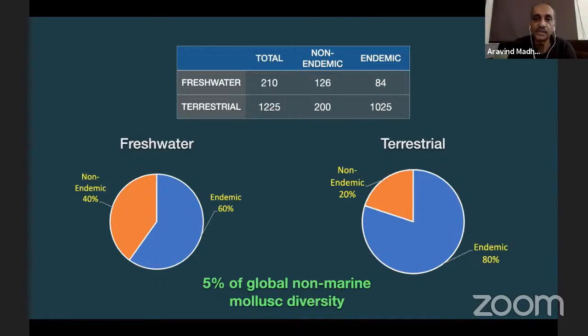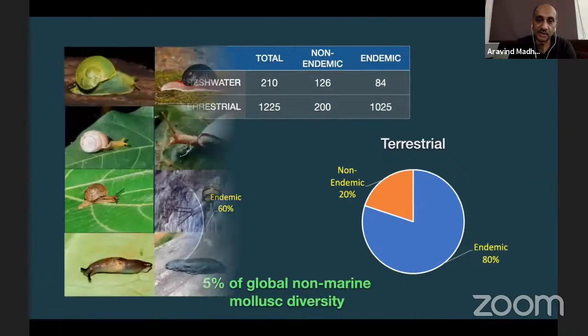Sorry about the typo there. So there are 1,225 species in the terrestrial environment and 201 in the freshwater environment. This constitutes around 5% of global non-marine molluscan diversity occurring within the Indian political limit.